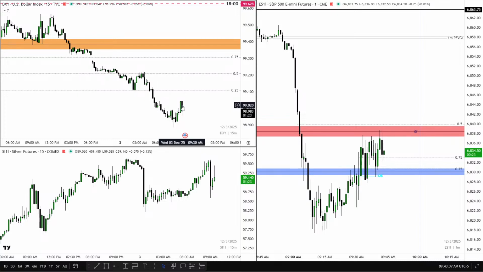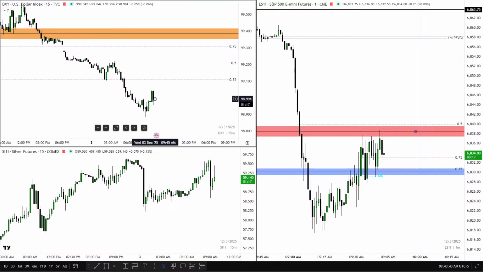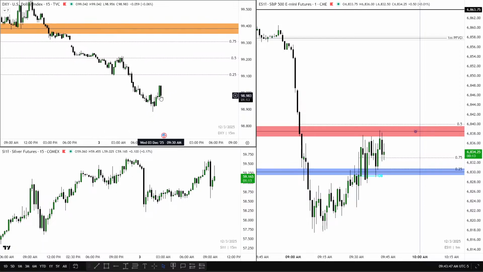actually, not necessarily. Scratch what I just said about it not being possible or conflicting. This might be a little confusing, but the dollar, yes, it could trade lower because I said it's heavy.